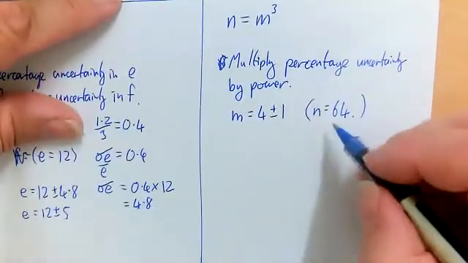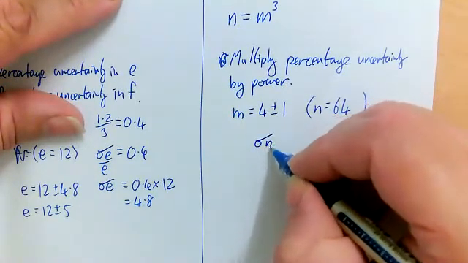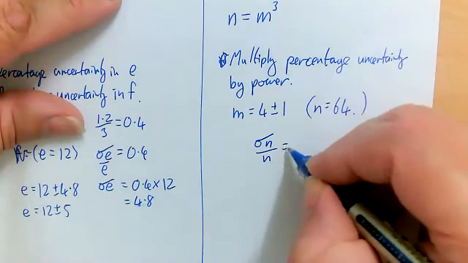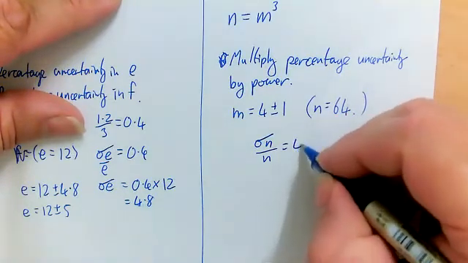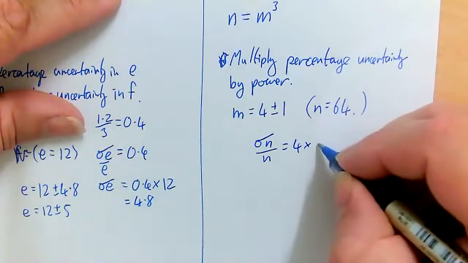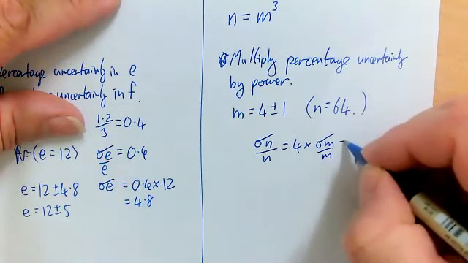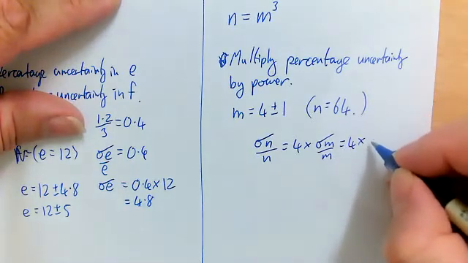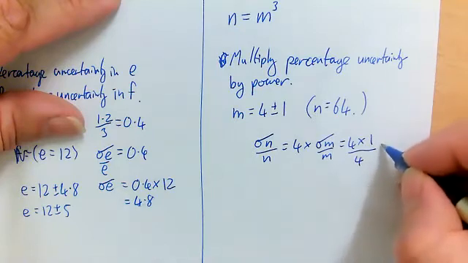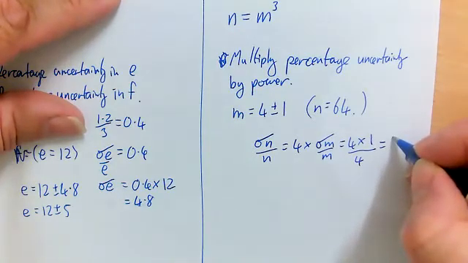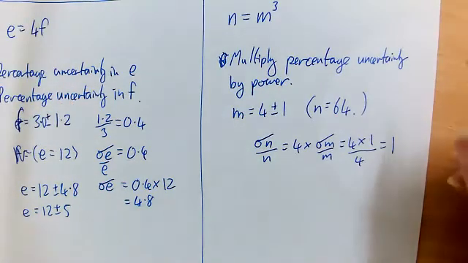So to get the percentage uncertainty in N, it's going to be 3 times the percentage uncertainty in M. So it's 3 times, the uncertainty is 1, M was 4, so it'd be 75%. Sounds rather nasty, but it's true.